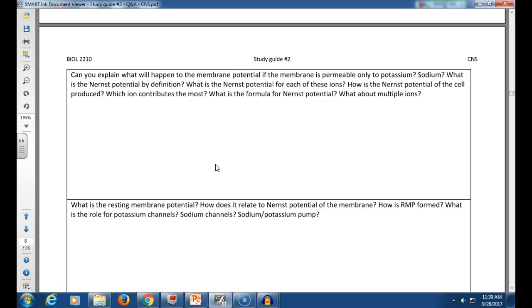If I increase the number of potassium channels in the membrane, it's going to become even more negative because more potassium will flow out. If I increase the number of channels for sodium, it's going to become even more positive because more sodium will flow in. Does that make sense? Have an idea about that?